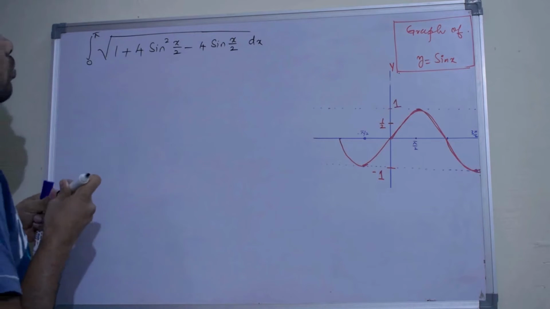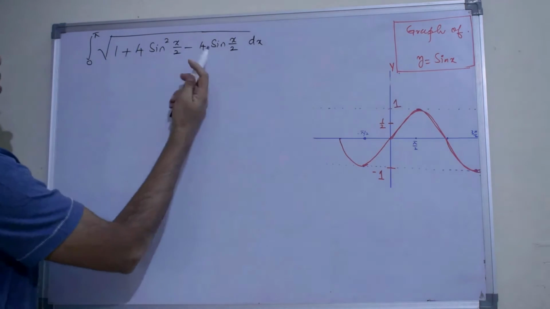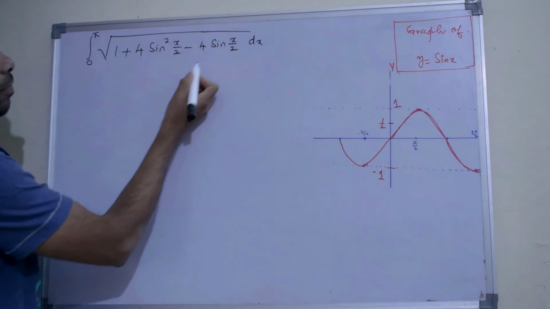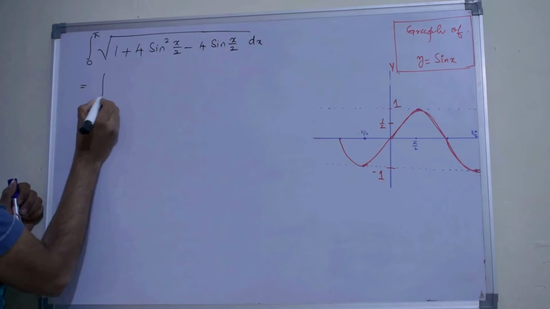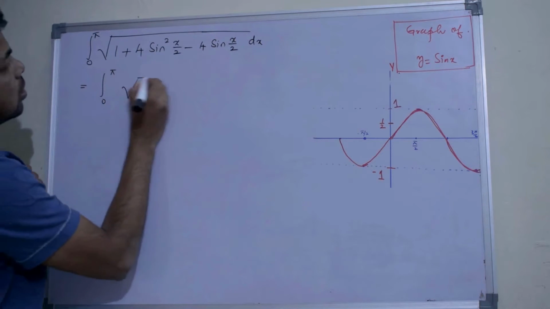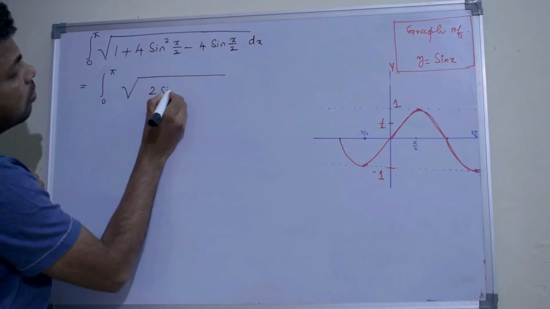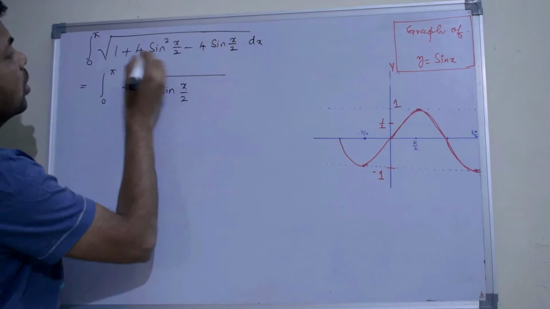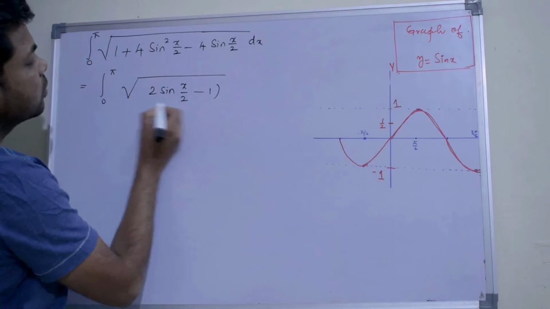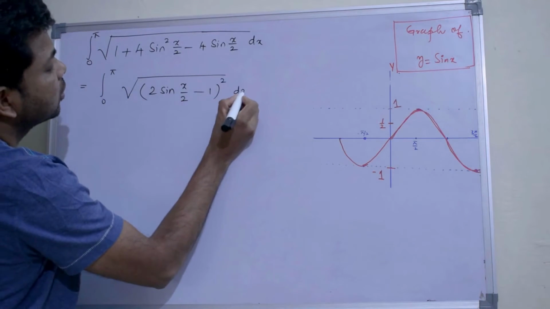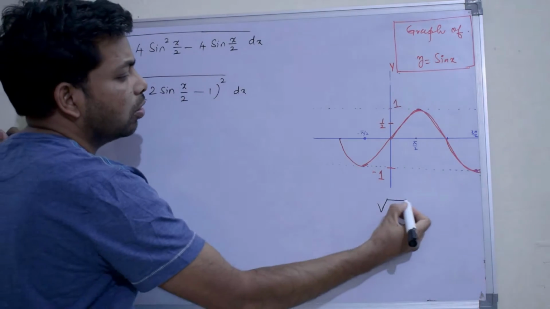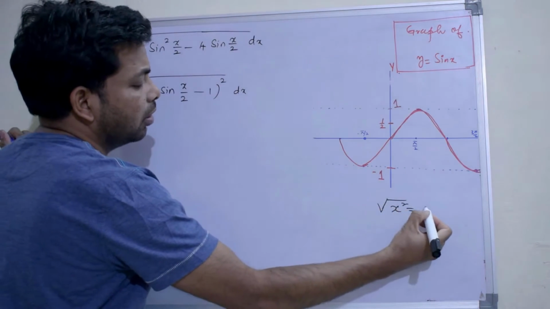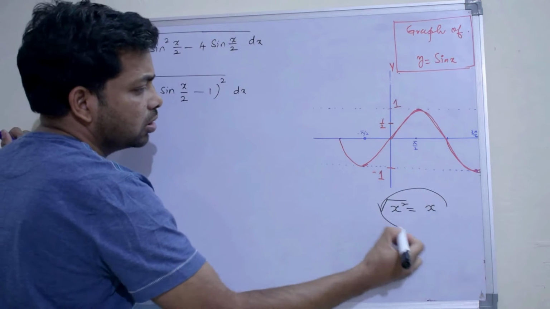First of all, you must observe that it is in the form of a perfect square. So this is equal to the integration from 0 to pi of the root of (2 sin x by 2 minus 1) whole square dx. Generally, whenever you have the root of x square, we always write x, but this is wrong.